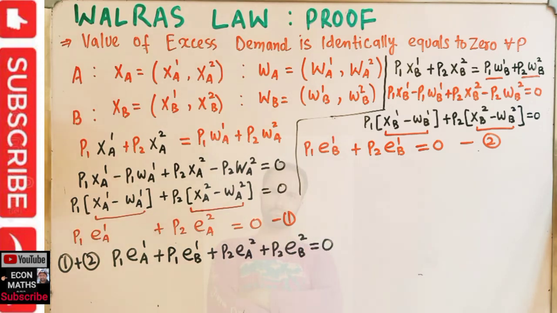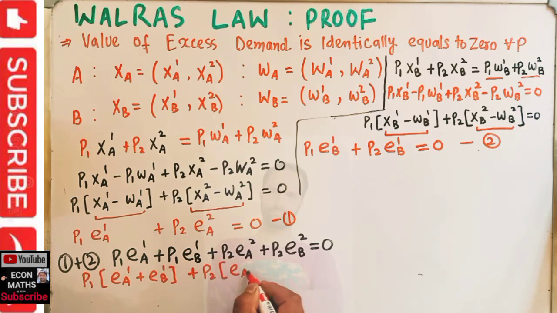Okay, so I can do one thing here also. Let me take this P1 common. So if I take P1 common, I am left with EA1 plus EB1 plus P2 times EA2 plus EB2 should be equal to 0.